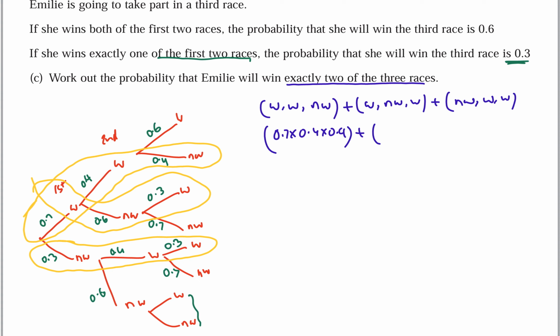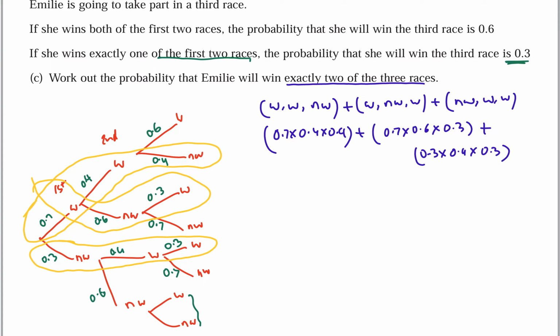So that's again going to be 0.7 times 0.6 times 0.3, not win, so that's 0.6. Our win in the third race 0.3, and then plus we are going to have a not win. We start with a 0.3 and then it is multiplied by a win, which is 0.4, multiplied by a win, which is 0.3.